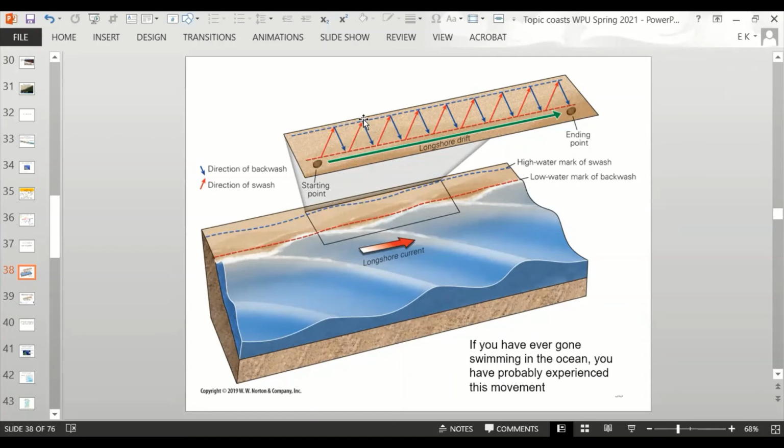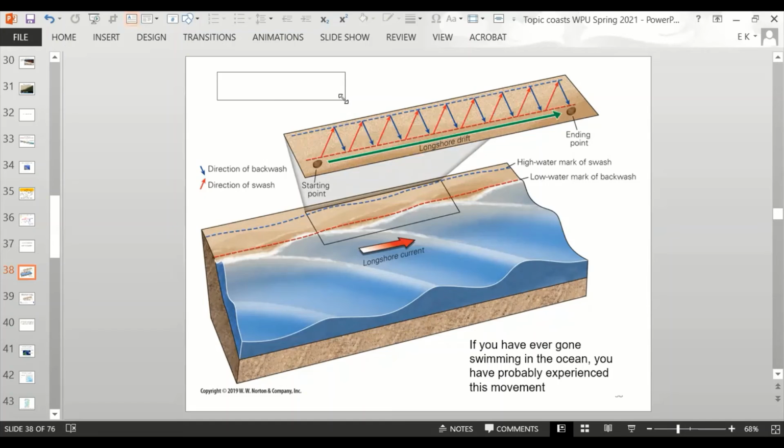So you end up with this zigzag pattern of how materials move along the coast. That is called beach drift. In this diagram, they call it longshore drift, but that's your beach drift.